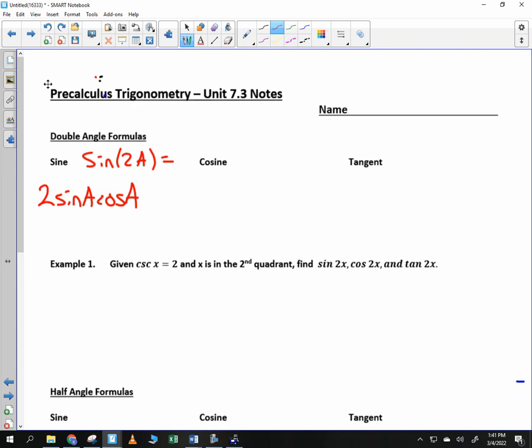Turns out that there's double angle formulas as well for cosine and for tangent. The cosine double angle formula, we could derive just like I did the previous one. For sake of time, we won't. But you get cosine squared of a minus sine squared of a.